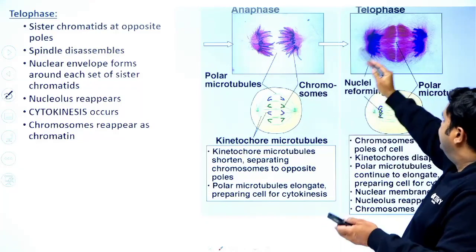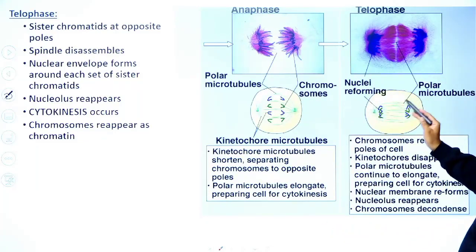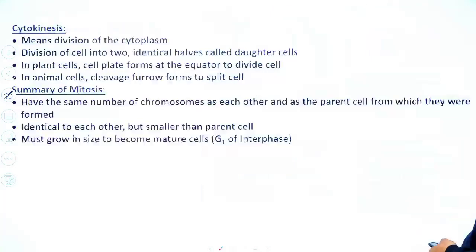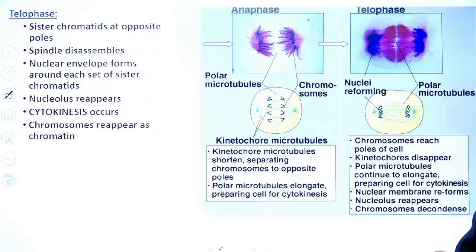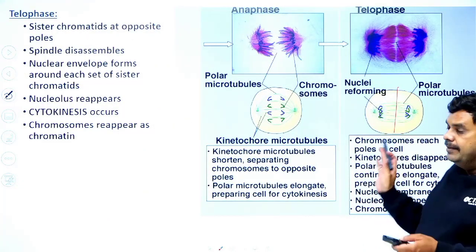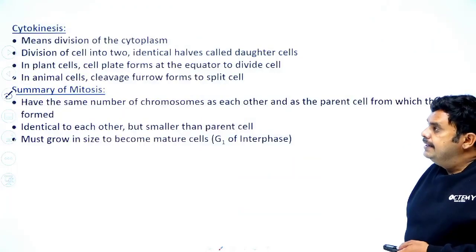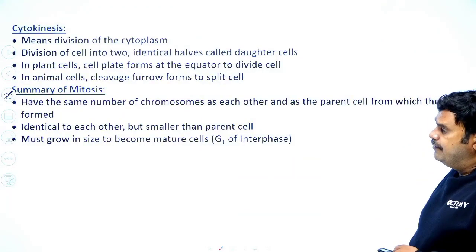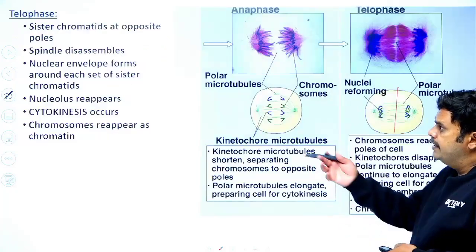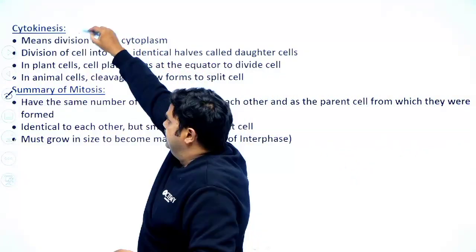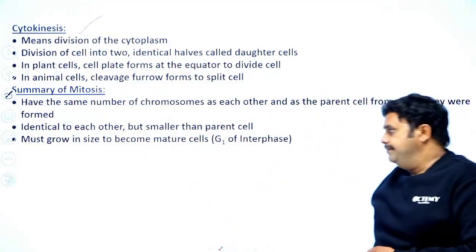The chromosomes are clearly separated and division of the cytoplasm takes place. Then two cells will be formed. Before the formation of the new cells, cytokinesis also takes place, the separation of the cytoplasm.